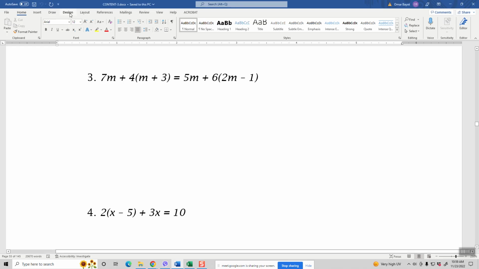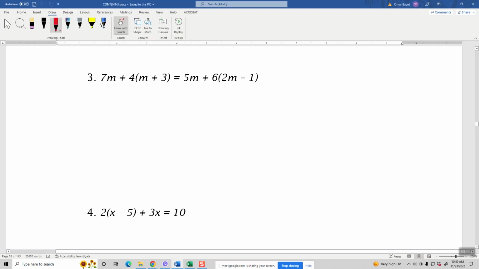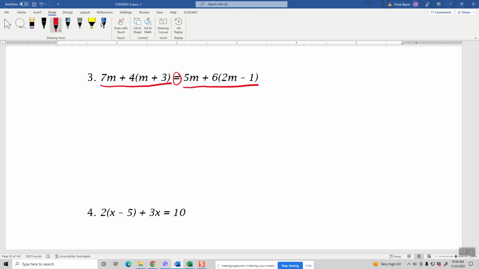When I say three parts, these are the following. You have the first part to be the left member of the equation as discussed previously. The second part is the equal symbol. And the third part is the right member of the equation.